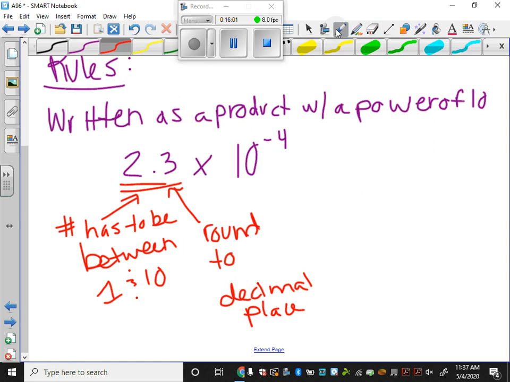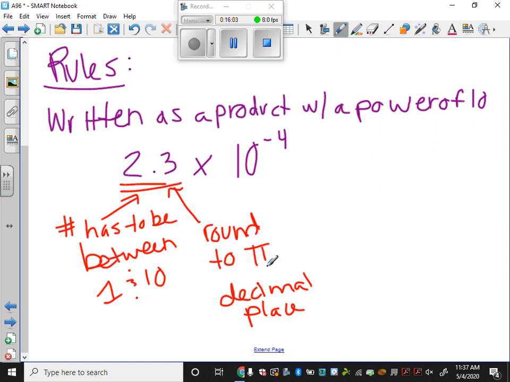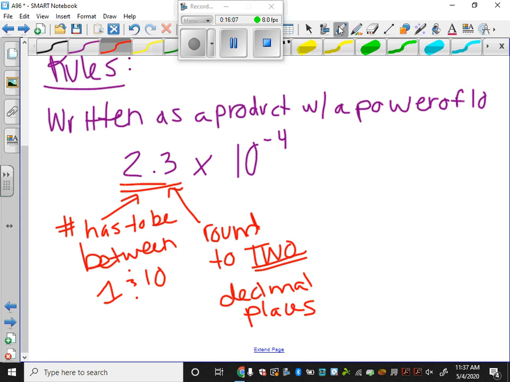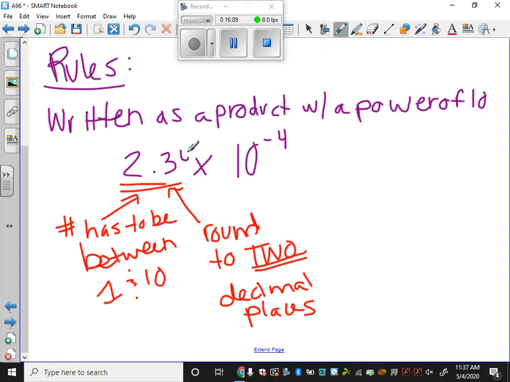I apologize. I'm going to change this to 2 decimal places because of the numbers that we look at here. They're going to be easier when we do 2 decimal places. So something in scientific notation is written as a product with the power of 10. The first number has to be between 1 and 10, and it has to be rounded to 2 decimal places.